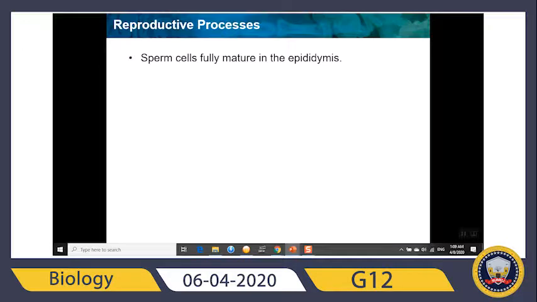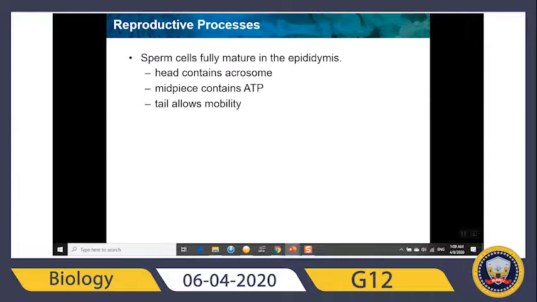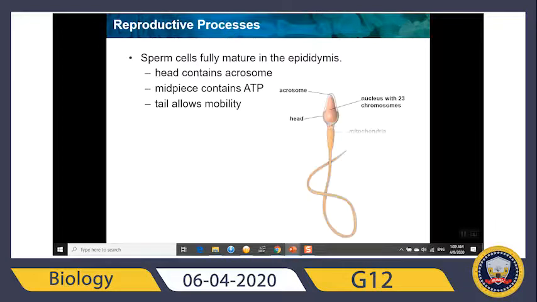Sperm cells fully mature in the epididymis. The head contains the acrosome, the midpiece contains ATP, and the tail allows mobility. Acrosome, head nucleus, midpiece mitochondria, flagellum.